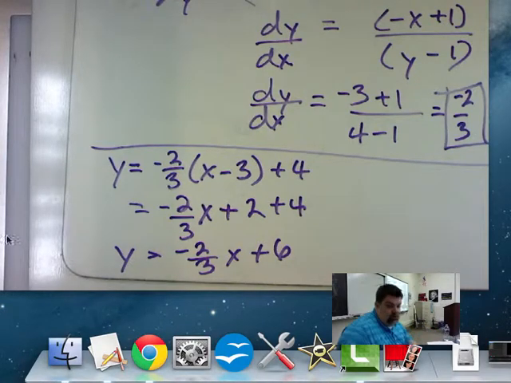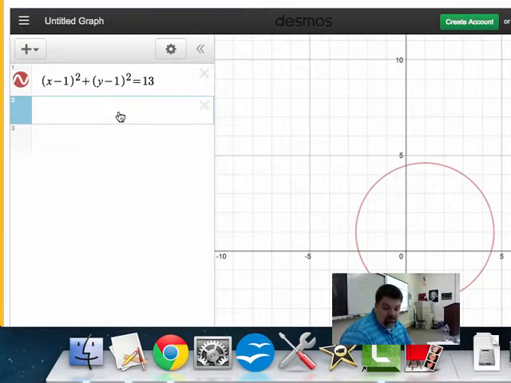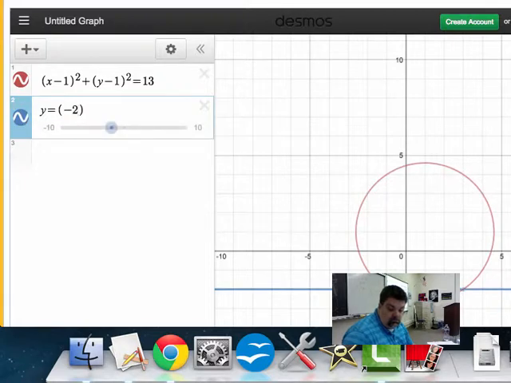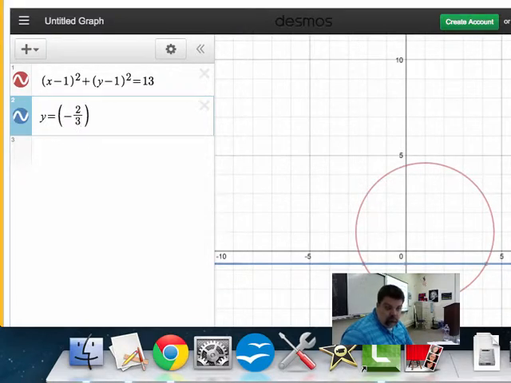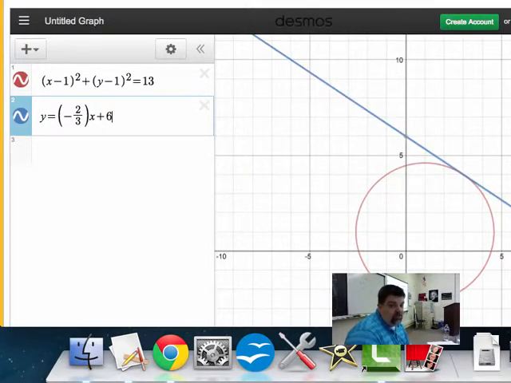Now I'm going to graph that and see if that works. Does it work? The cross is right there. That's the tangent line, and that's it. Any questions?